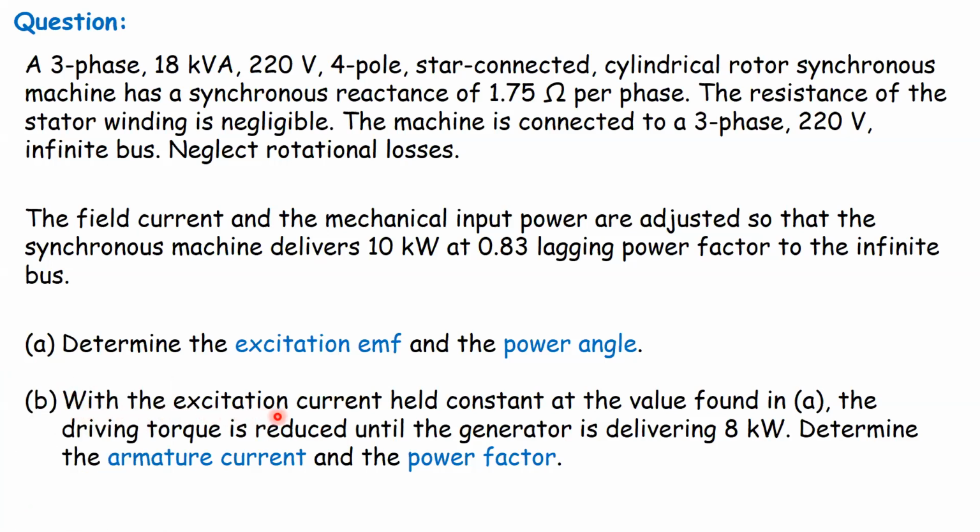It states clearly with the excitation current held constant at the value used in part A. What does this imply? Please note, since the synchronous machine itself is rotating at a fixed speed, the magnitude of excitation EMF E will be determined only based on the excitation current.